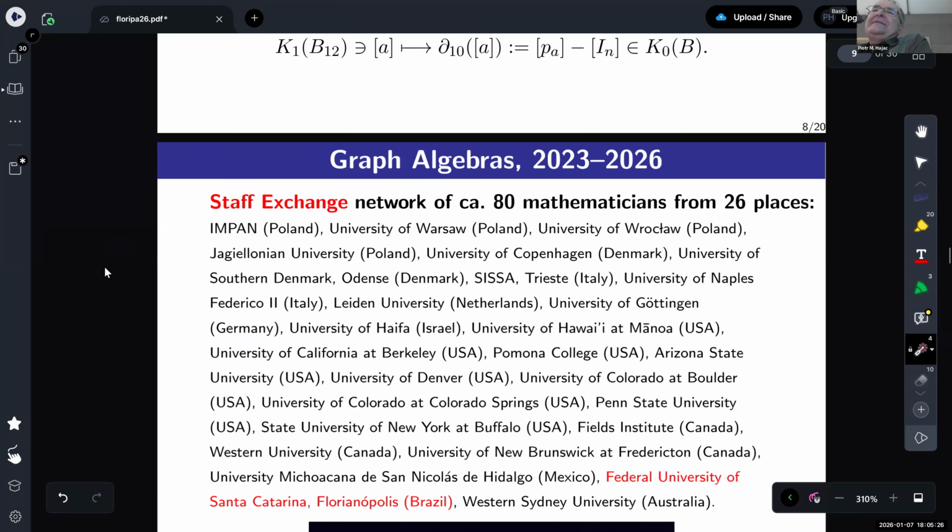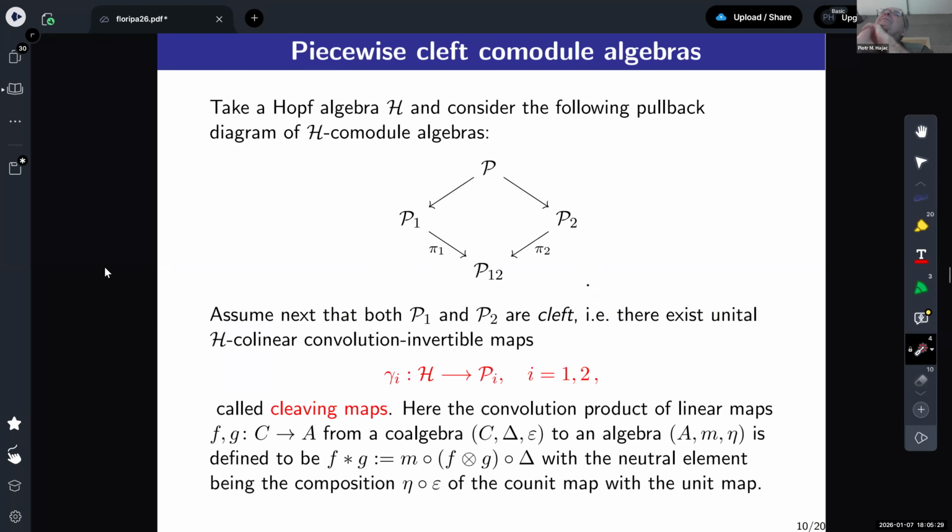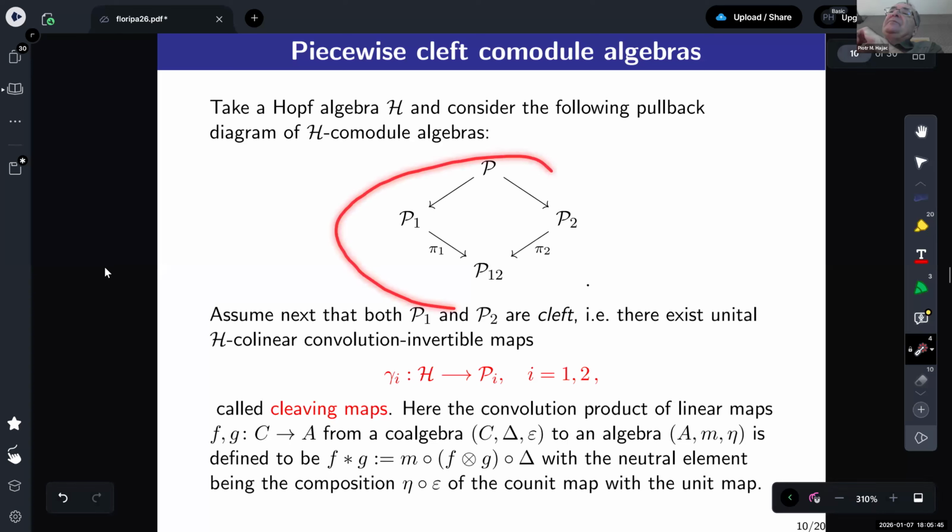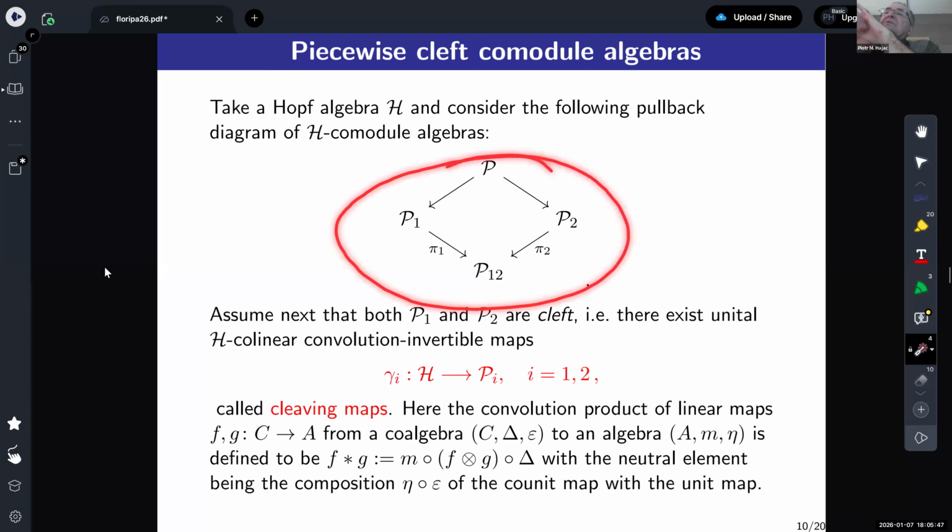Okay. All right. So now let's assume a specific situation in which our principal comodular algebra is piecewise cleft. So I have a pullback in the category of H comodular algebras. And again, I'm now completely general algebraic. It doesn't have to be in the image of a Peter-Weil functor.